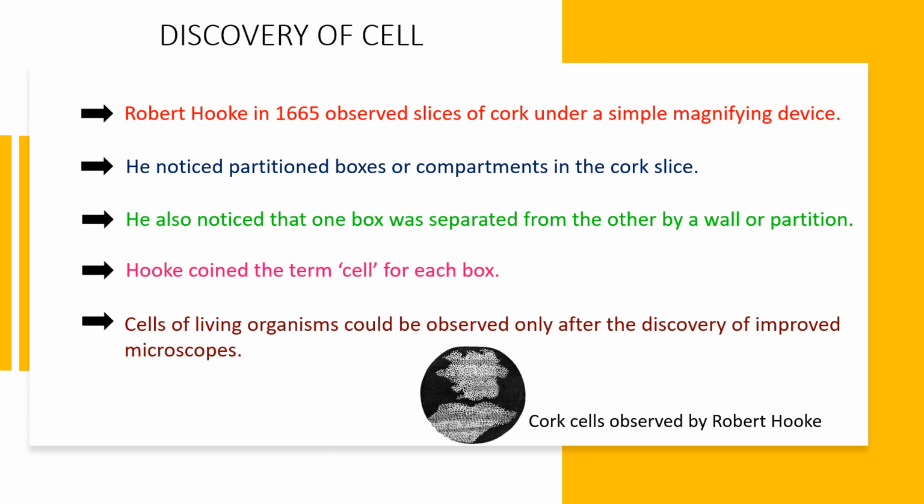At that time there were no improved microscopes to observe the cells of living organisms, but now we have improved microscopes so that we are able to observe them. And what Hooke observed as boxes or cells in the cork were actually dead cells, not live cells.